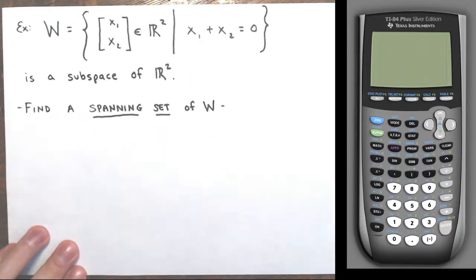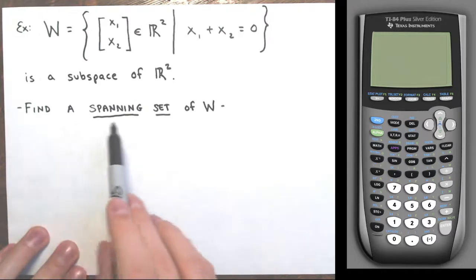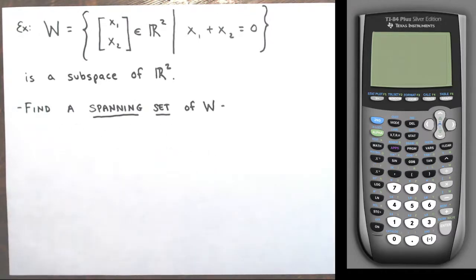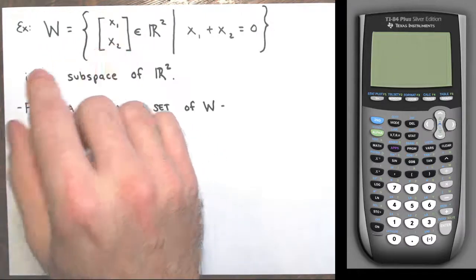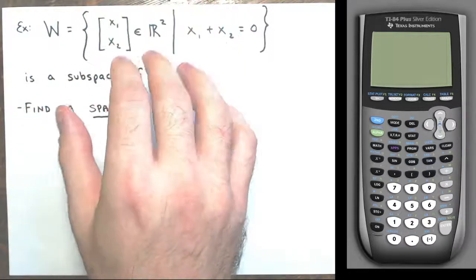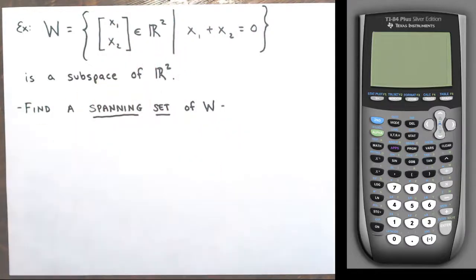You can prove that on your own. All right, so find a spanning set of W, right? Again, find a set S, a set of vectors such that W is equal to the span of that set, meaning that every vector in W is a linear combination of the vectors in the set S, the spanning set S.